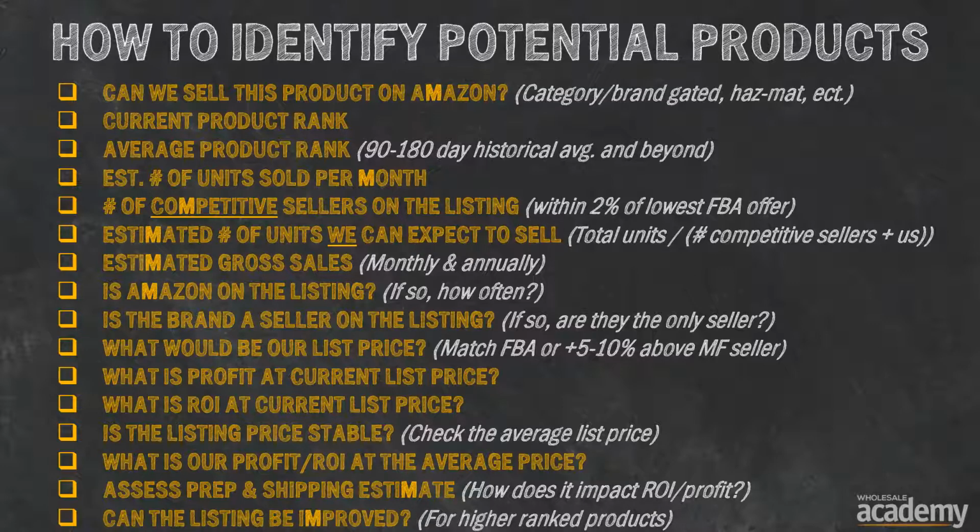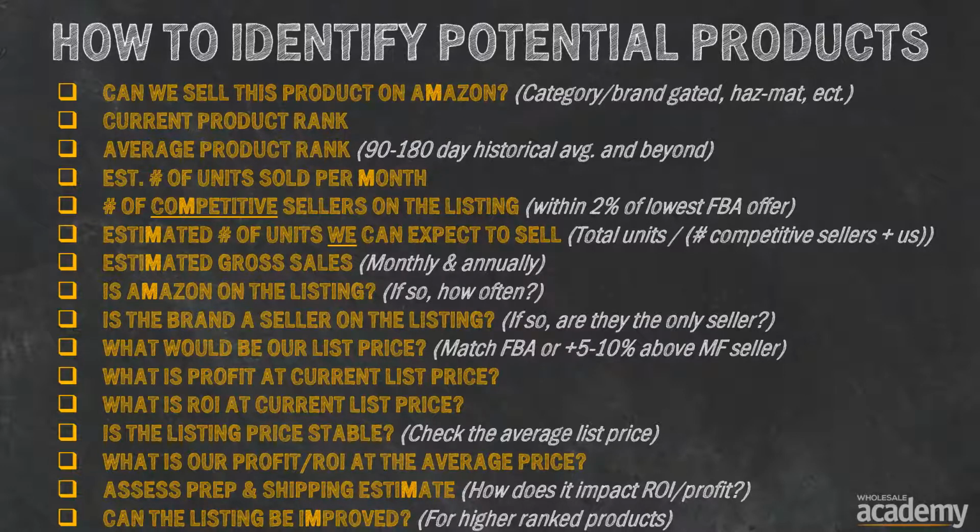Lastly, can the listing be improved? And this is not really for these high rank examples that we are looking at, but once you are looking at products where the ranks and the sales are on the lower, slower side, when the ranks are not that great, you want to check out if there is room for improvement.